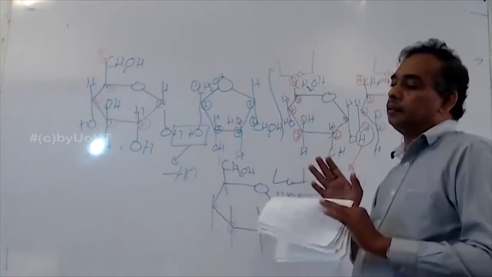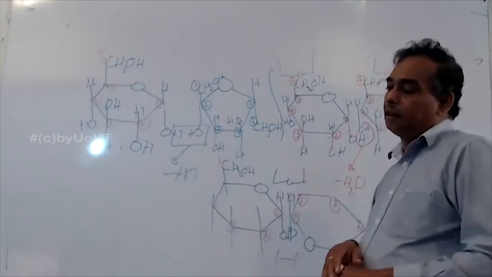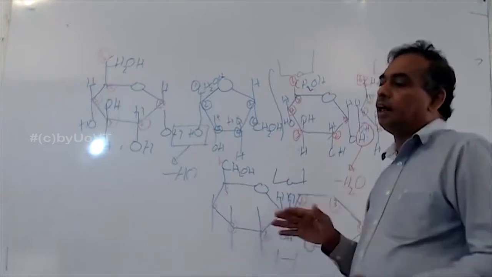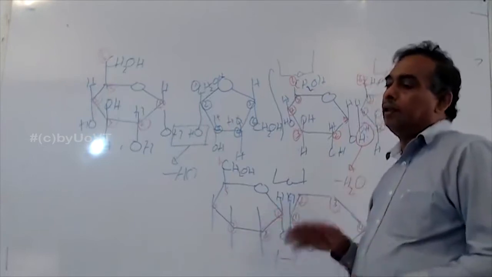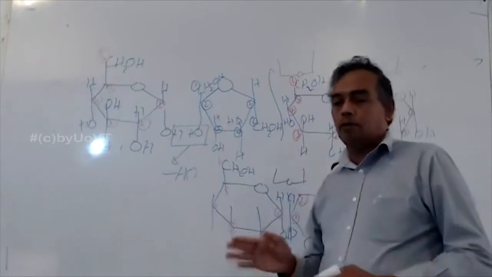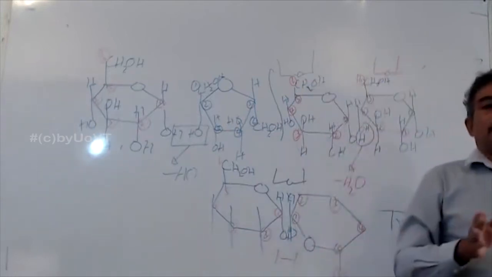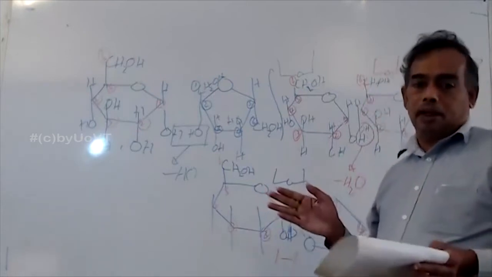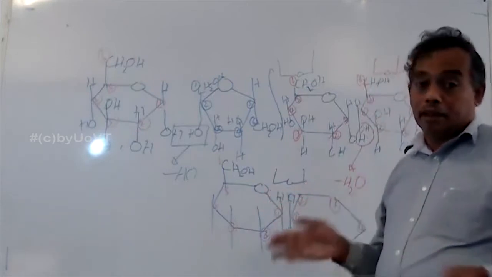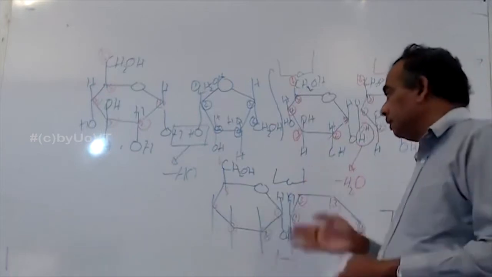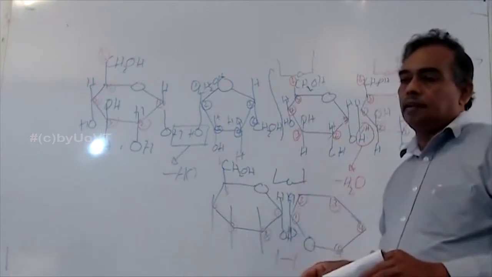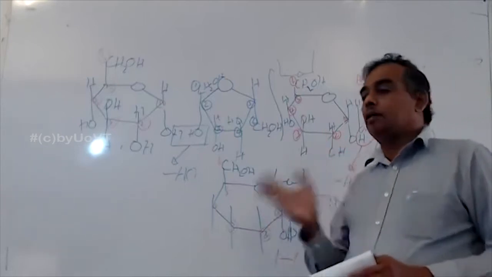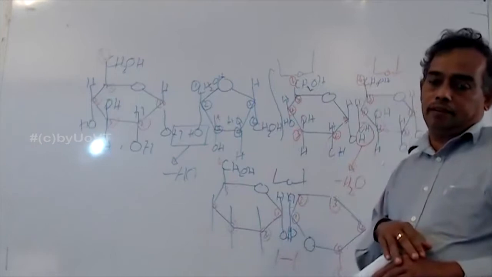Without engaging in any bond, if there is a free carbonyl carbon within the system, you can categorize that kind of sugar as a reducing sugar. If there is no free carbonyl carbon or free anomeric carbon available in the system, you can categorize those sugars as non-reducing sugars.